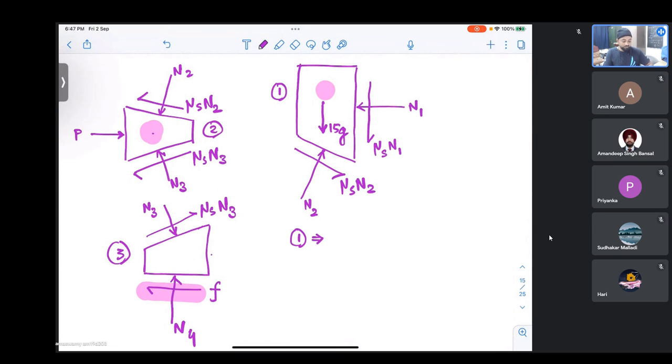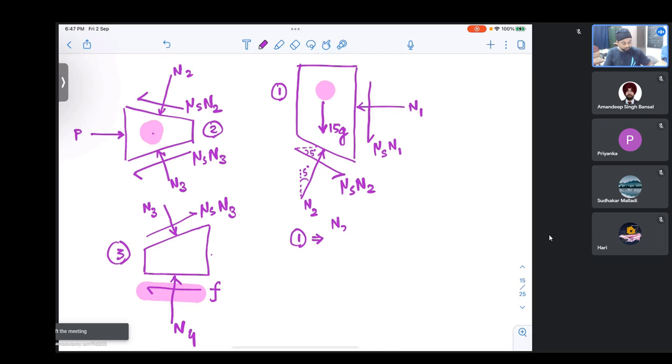So sigma Fy equal to 0 gives me, if that is 5 degrees, this is also 5 degrees. This is 5 degrees. That's what is given. So from here we can add up. It will be N2 cos 5 minus mu s N2 sin 5, because this component will be pushing it down.